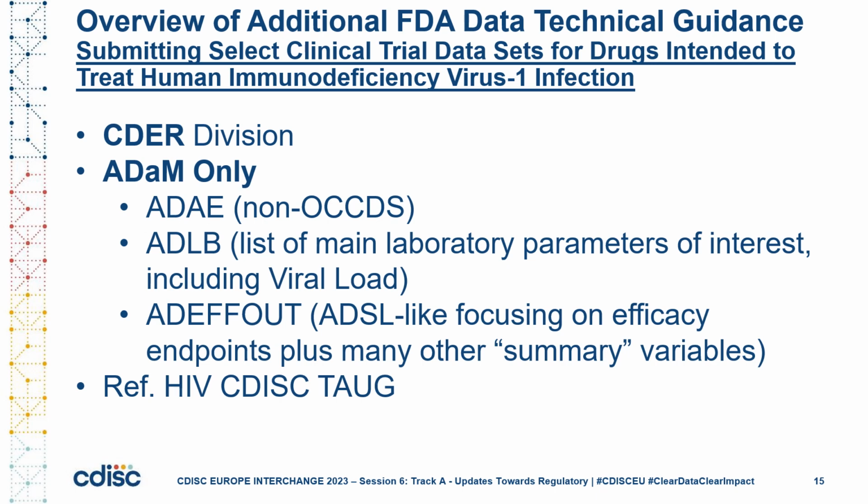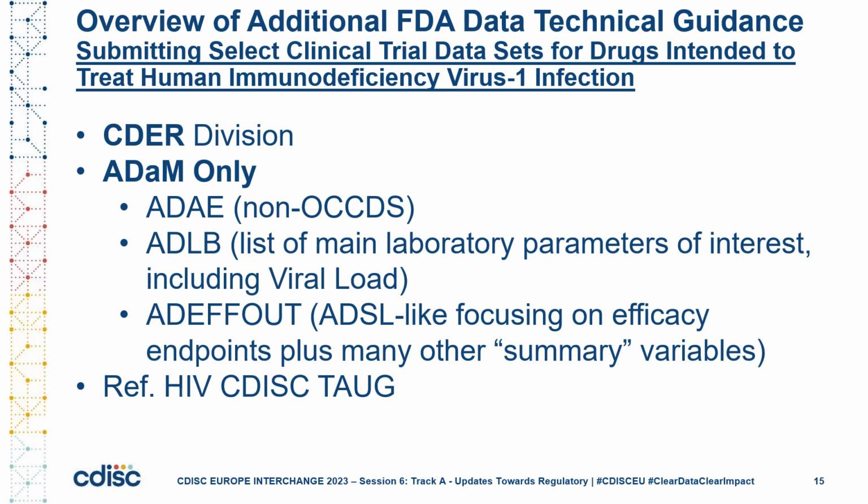It contains a set of not only baseline variables, but also a set of variables for other characteristics, several derived variables in support of efficacy, and many others that I call here summary variables. For example, a flag variable indicating whether a subject has any ongoing adverse events at the time of end of study. So many derived variables like this one in one record per subject.